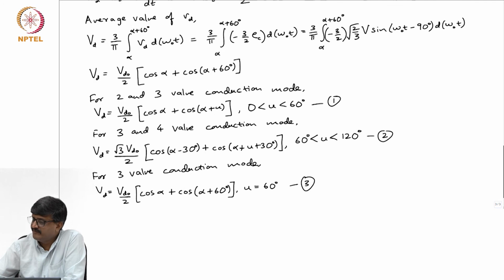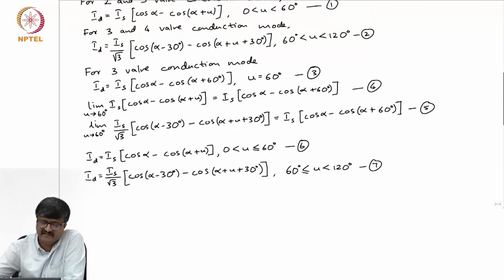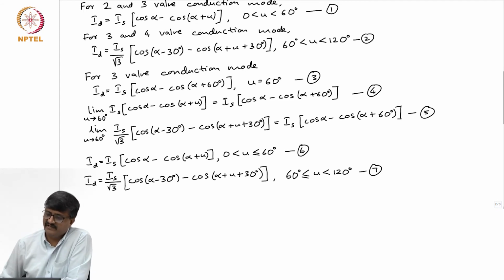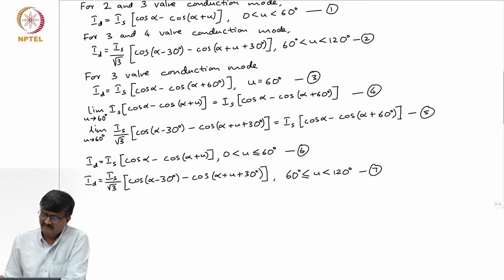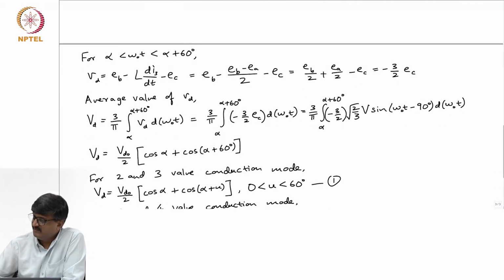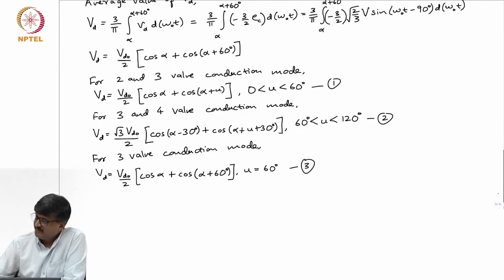So this is similar to what we did for the equation relating Id, alpha and u. So instead of having 3 different equations, one for u less than 60 degrees, one for u greater than 60 degrees, and one for u equal to 60 degrees, we have equations 6 and 7, which include the value of u equal to 60 degrees. So we are going to do a similar thing even for Vd.